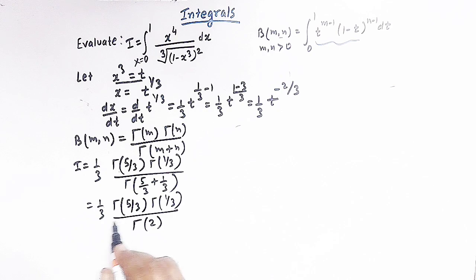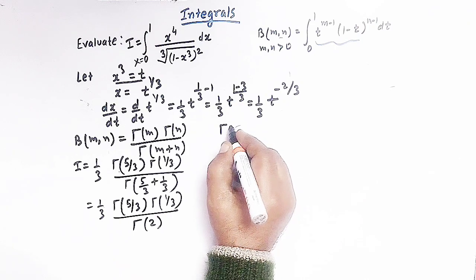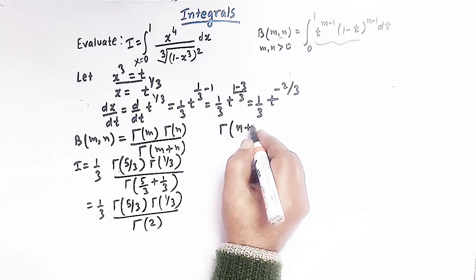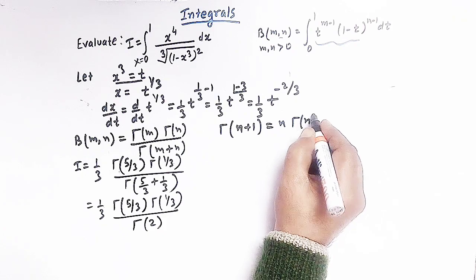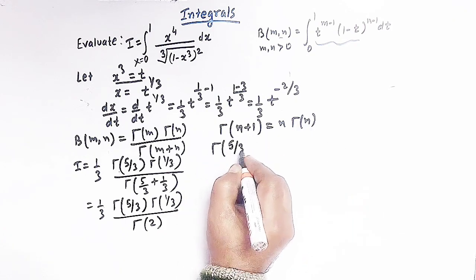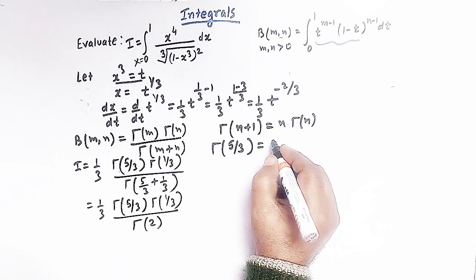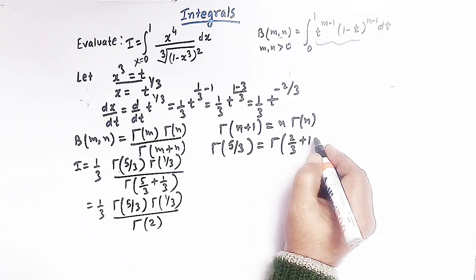So now to get the value of gamma 5 over 3, let us make use of this important result, that is gamma n plus 1 is equal to n times gamma n, right? So if we take gamma of 5 over 3, then gamma 5 over 3 can be written as, here we can write 2 over 3 plus 1.